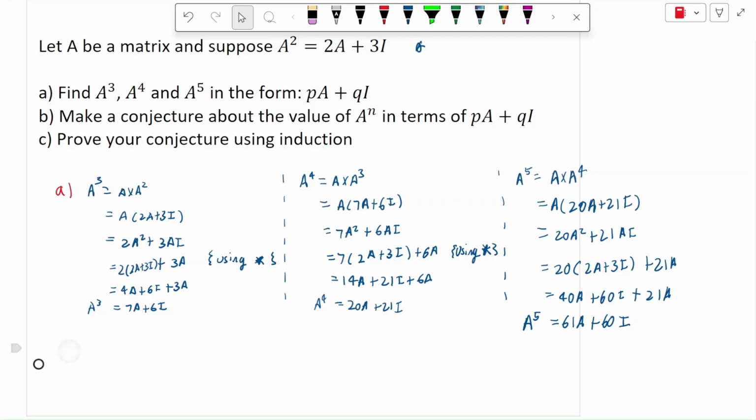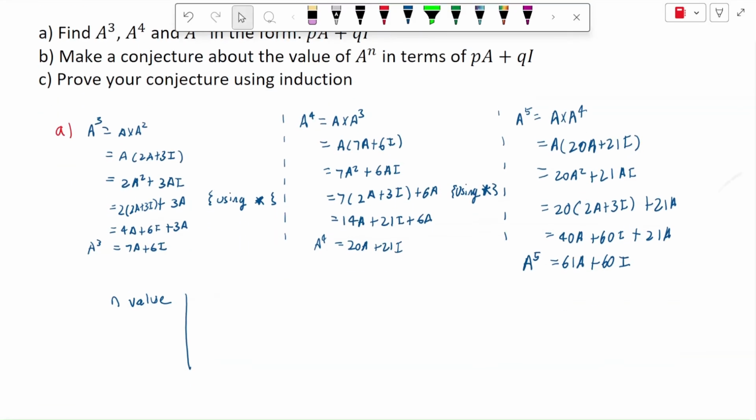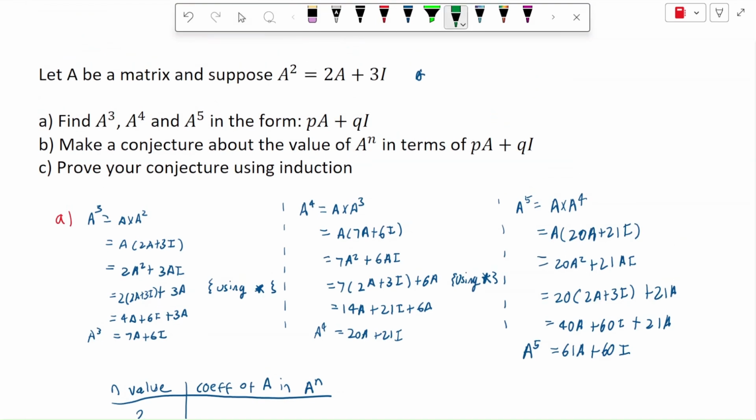So let's look at the n value, and let's look at the coefficient of A in A to the power of n. Okay, so if n is 2, then we're looking at A squared.